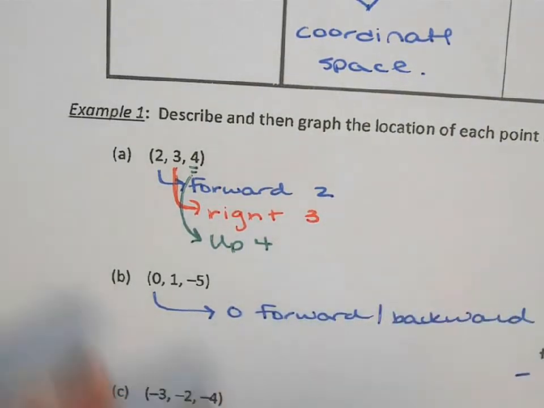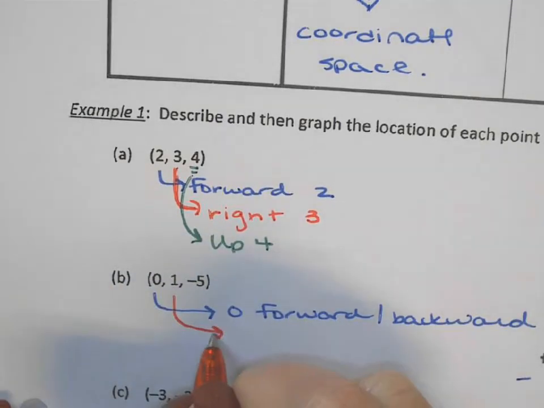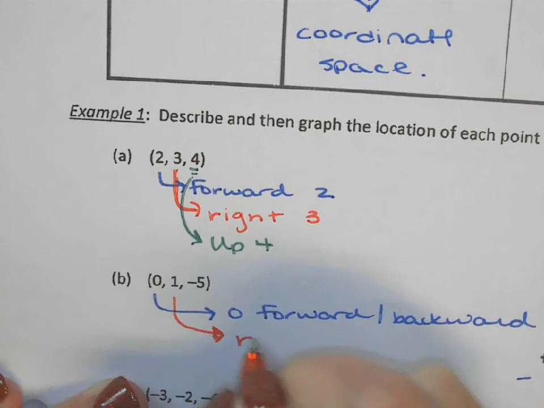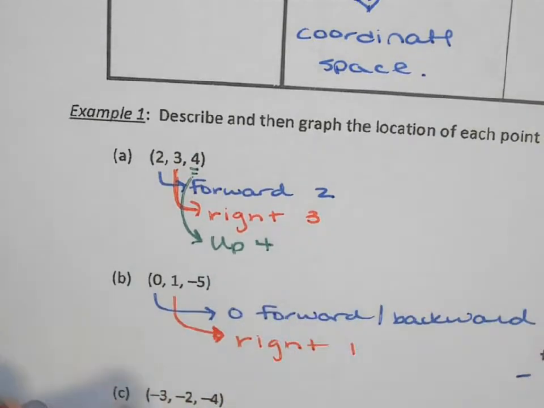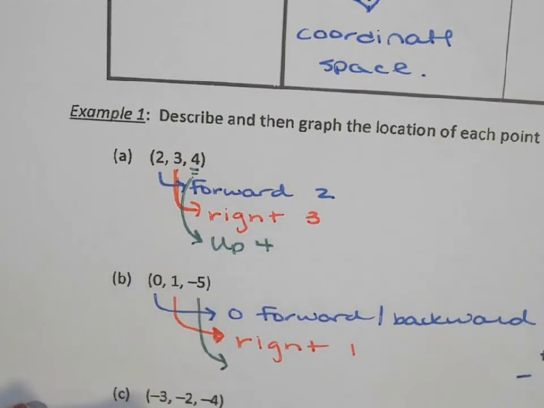Just tell me you're not moving forward or backward. Okay. That middle one, how's this one going to move? Right 1. Very good. And that last one is a -5. How does that one move? Down 5.